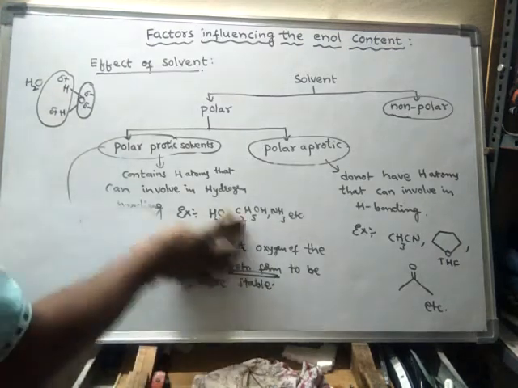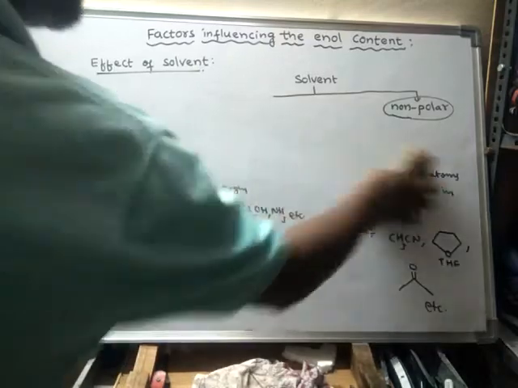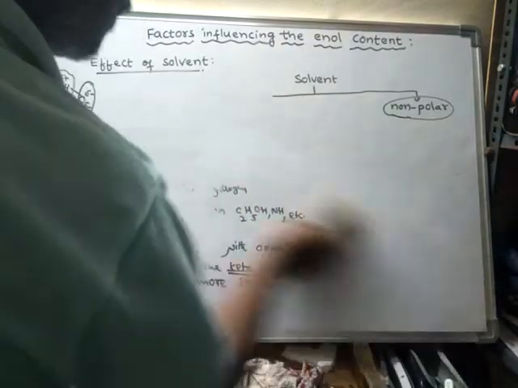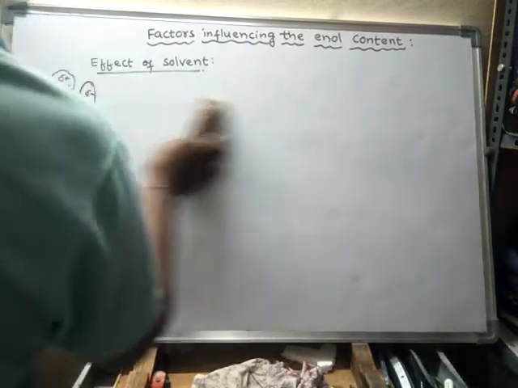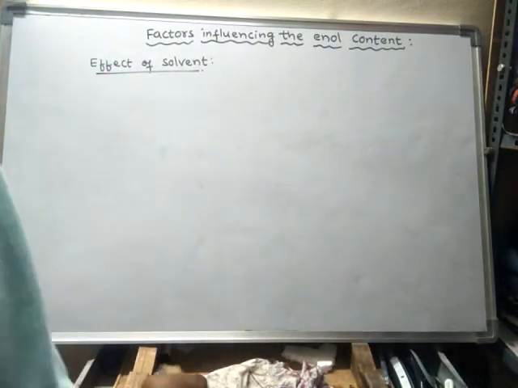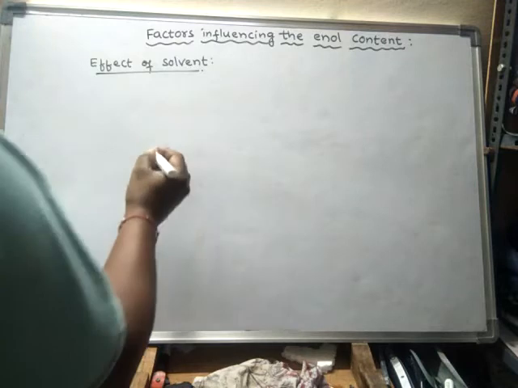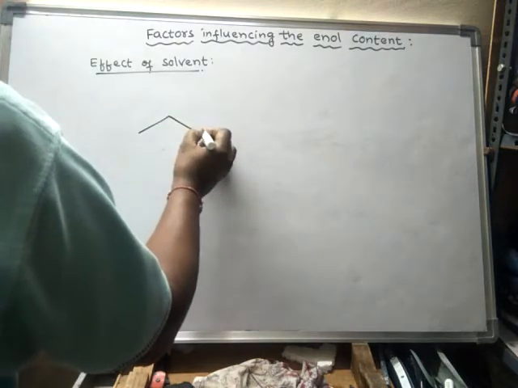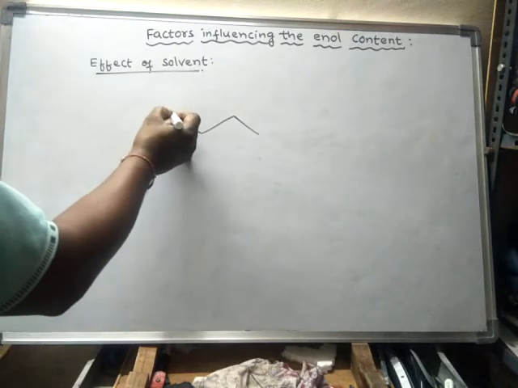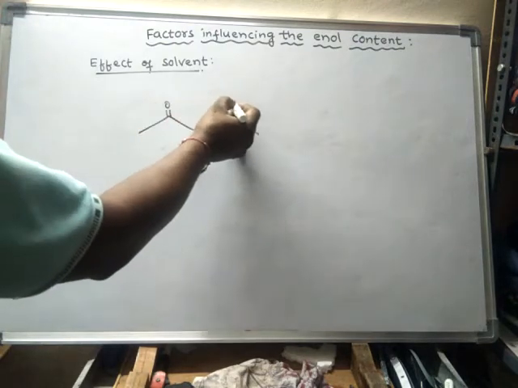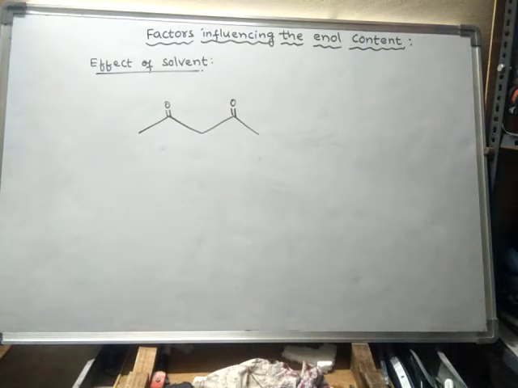Now let us see one example. Suppose this is acetone. Sorry, not acetone. This is acetoacetic ester.